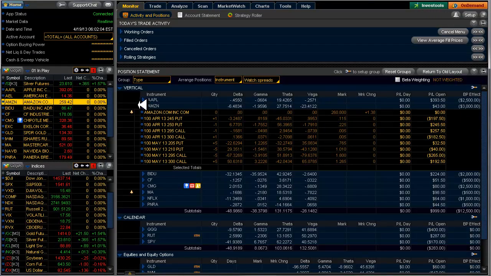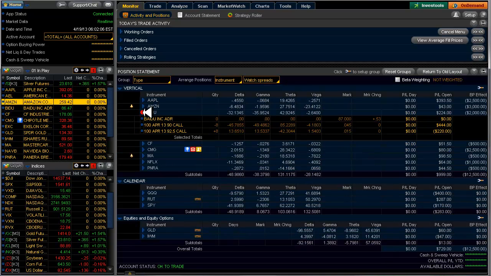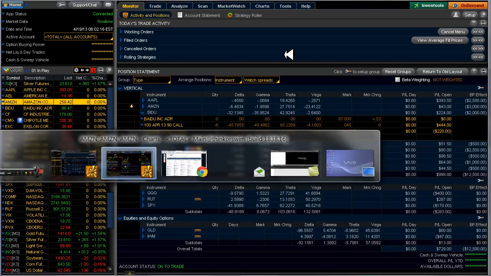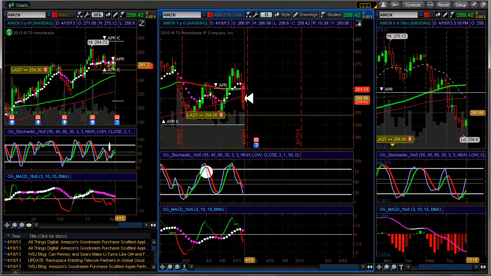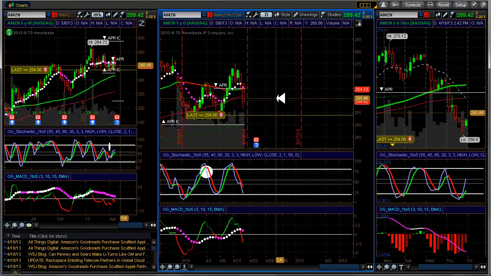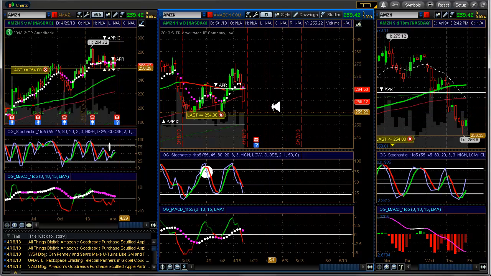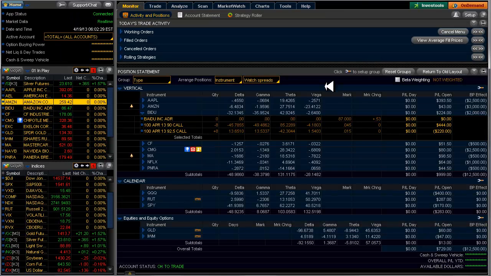Back to the monitor tab. Baidu. Baidu, we should do pretty good on Baidu. We were a little freaking out about that earlier this week, but I think we're okay here.